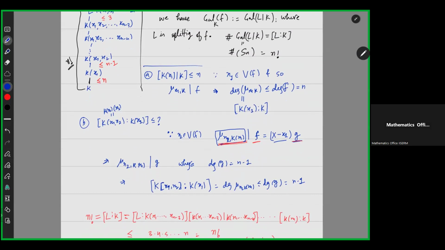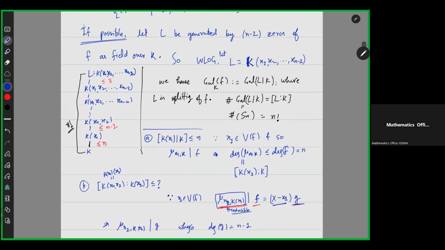Okay, let me tell you this. Since this is irreducible, it should either divide this or divide this. And now because x minus x1 is, if it divides, so here we have these are distinct.